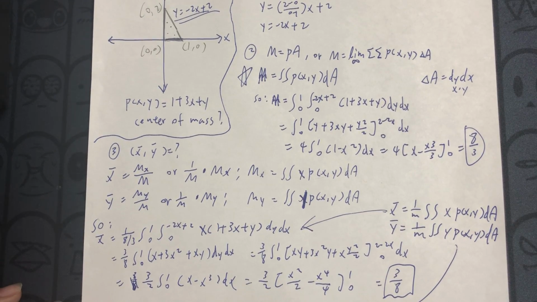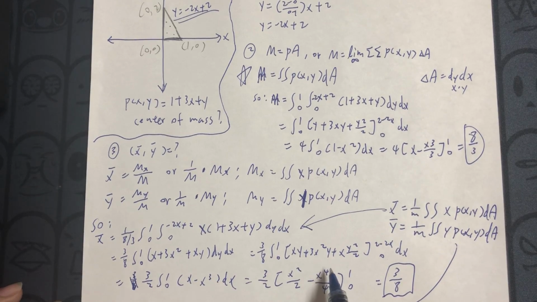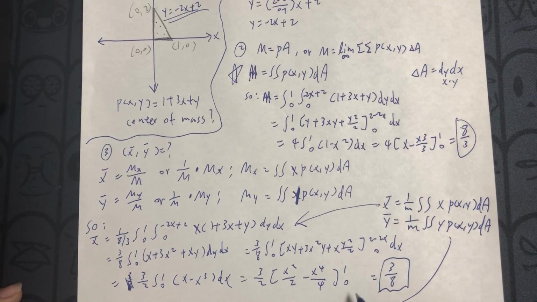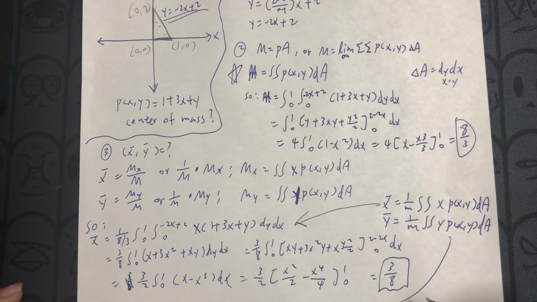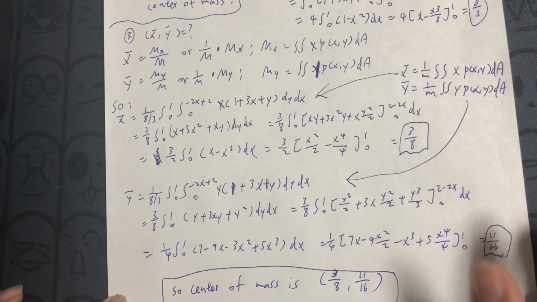We just put all the information in, and it's x times 1 plus 3x plus y, and then you get x plus 3x squared plus xy. Then you do the integral, plug this value in, and then you also do the integral for 1, 0, plug the 1 and 0 in, and you should get the center of mass for the x coordinate is 3 over 8.